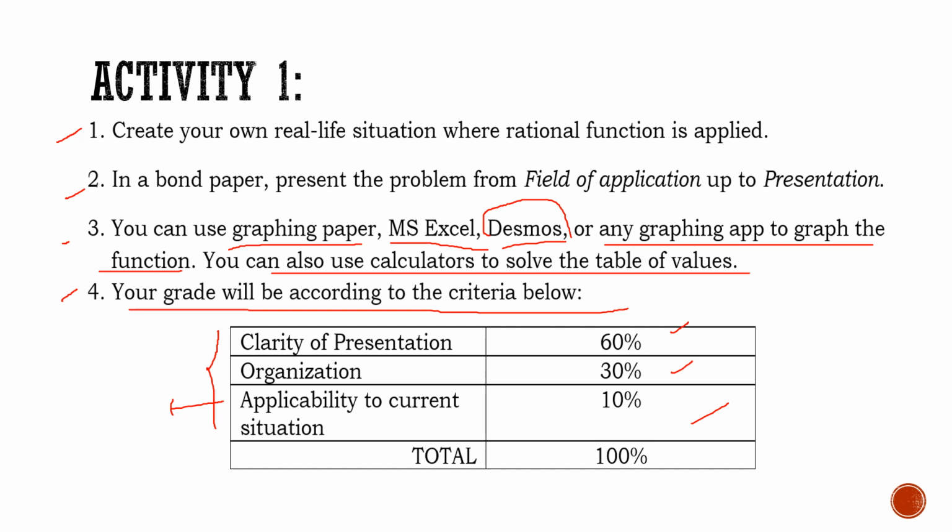So application to current situation. How can we apply rational function in the middle of this pandemic? How can we look for a real life situation wherein it is somehow aligned to COVID-19, and then we apply the concept of rational function.